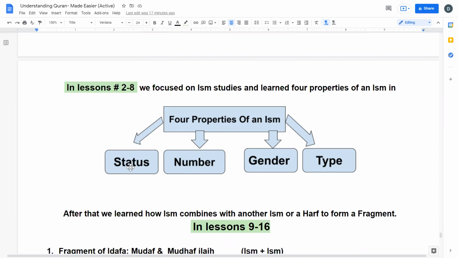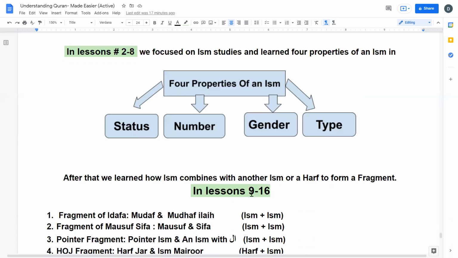We learned what are the 3 types of status, and then how to tell the status of an ism, then light versus heavy ism, and flexibility, then number, gender. So after learning all these 4 properties of an ism, in lesson 8, we started learning combination of ism with other words. Like we started learning fragments.